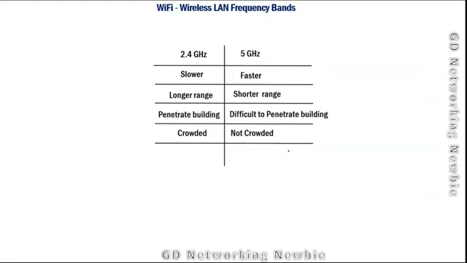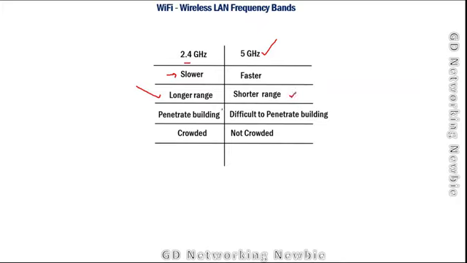Now, as per their frequency band, they have different characteristics. So 2.4 gigahertz is slower. It offers not that much data rate, but 5 gigahertz is faster. And 2.4 gigahertz can cover longer distance, but 5 gigahertz can cover shorter range.